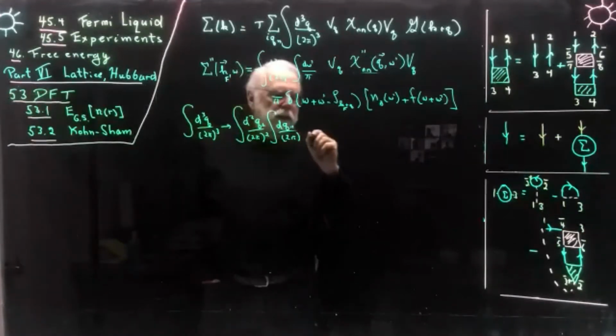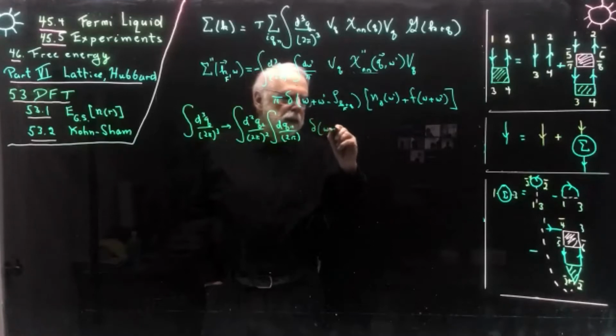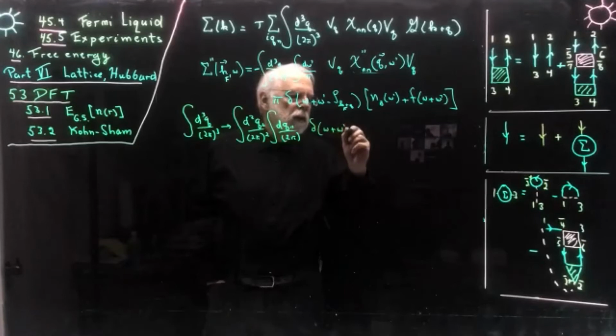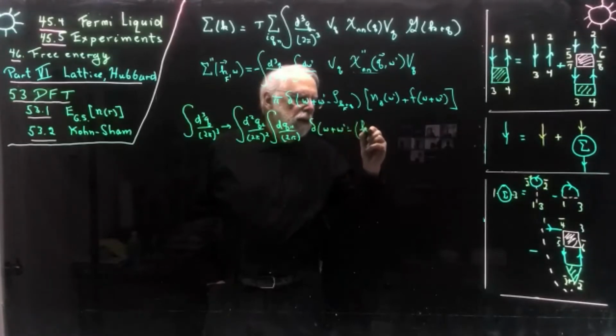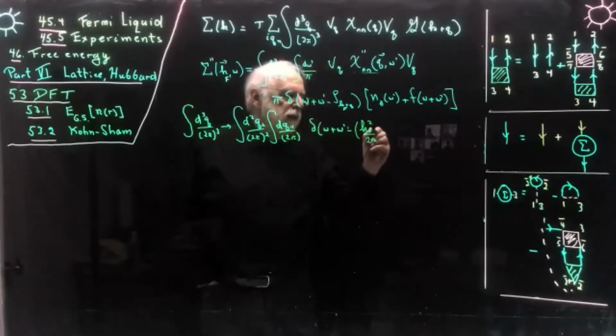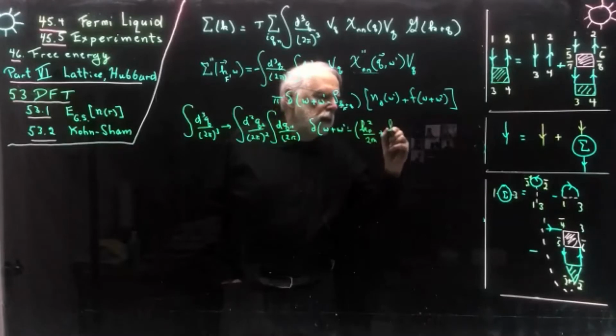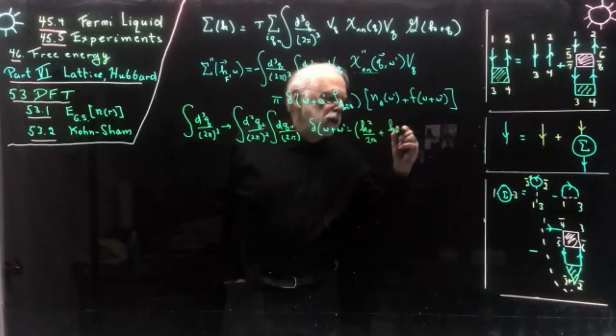Then the delta function, I write as the delta of omega plus omega prime minus kF squared over 2m plus kF dot q over m.